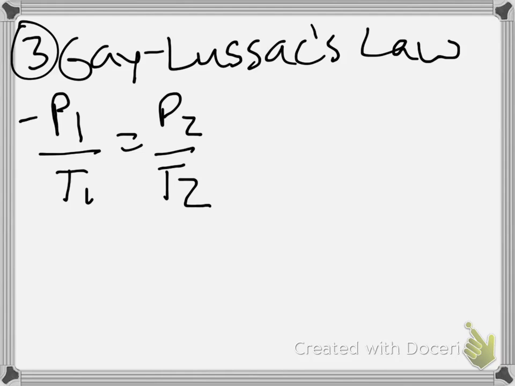Where P is pressure and T again is temperature, and temperature has to be in kelvins. So if it's not, you have to convert, which we'll talk about in class. For now, I'm just going to give them to you all in kelvins. So let's do an example problem, and I'm going to throw a conversion at you in this one.